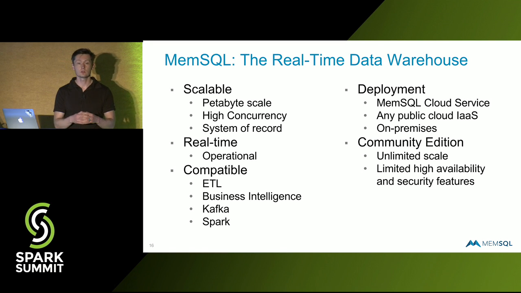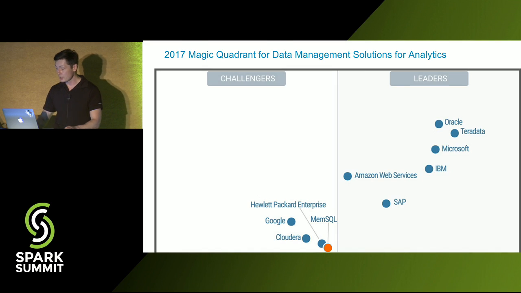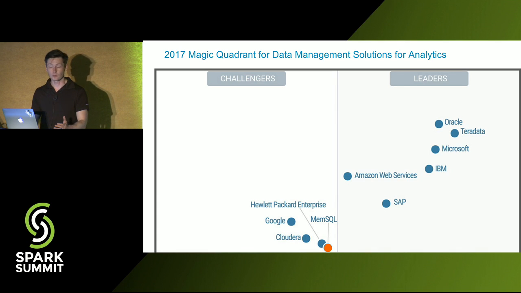It's trivial to run a SQL statement and map it to a data frame. And it's trivial to take a data frame, call save to MemSQL, and it will drop all this data back into MemSQL. That really allowed us to rise on the Magic Quadrant from Gartner for data warehouses. Data management solutions for analytics is the same thing as data warehouses.